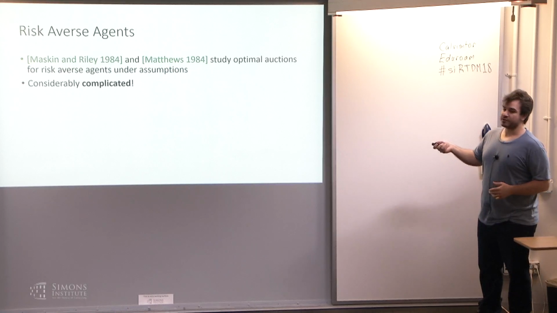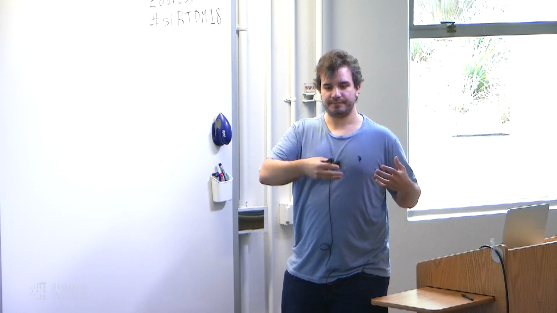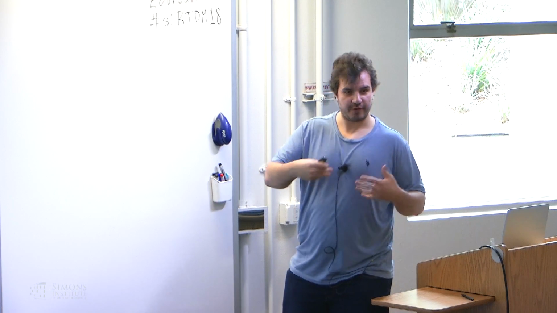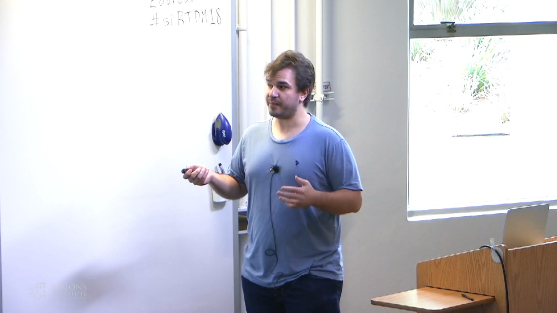You can actually imagine doing the trick that I did before by adding options all the time and eventually further increasing the revenue it could get. So something like that could happen in the optimal auction.